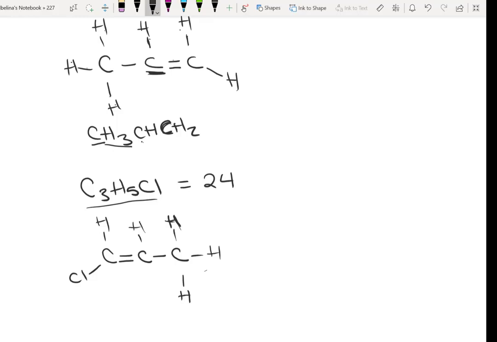If I put it between this carbon and this carbon, it would have been the same isomer. Now, if you count the number of electrons right now, you don't have 24 because I didn't include the 3 lone pairs on the chlorine. But now you have 24. There's another isomer here. Okay, so try to draw the other isomer on your own.